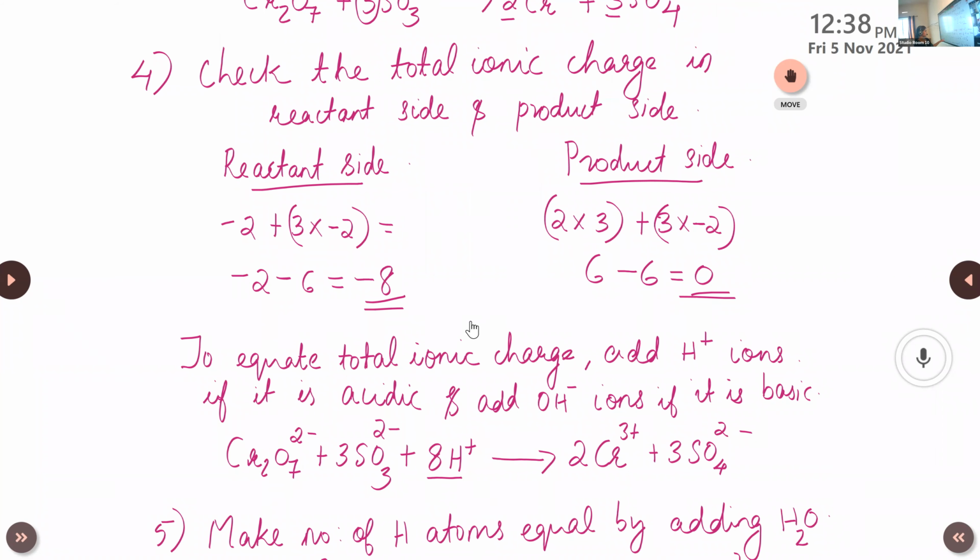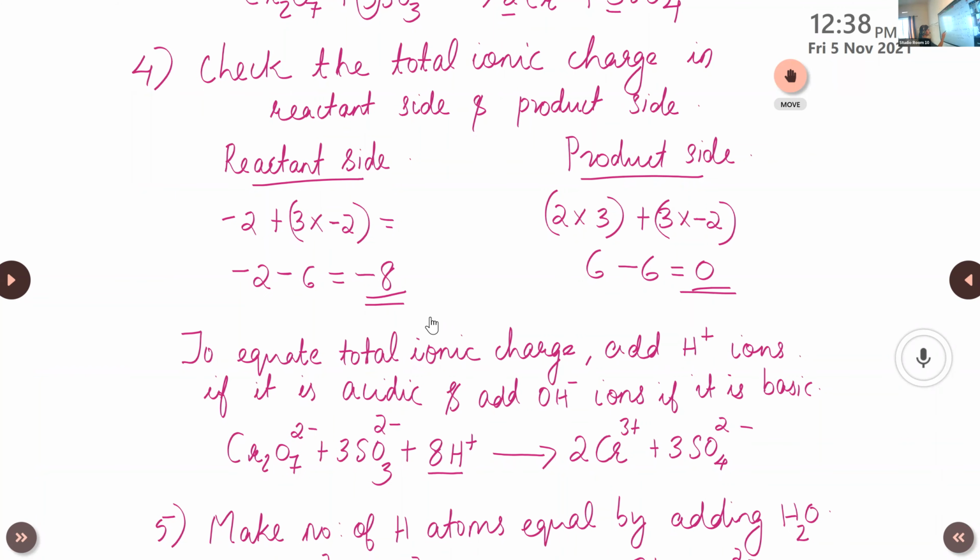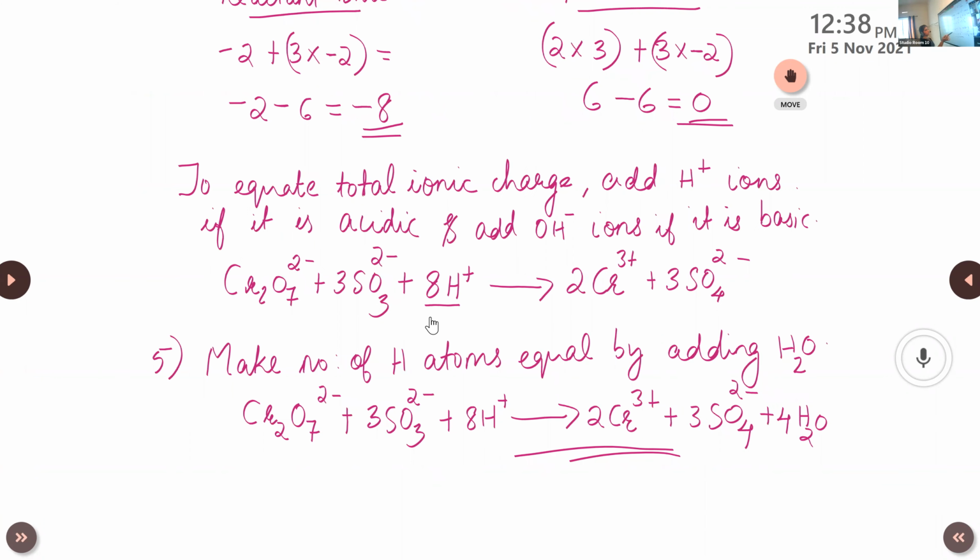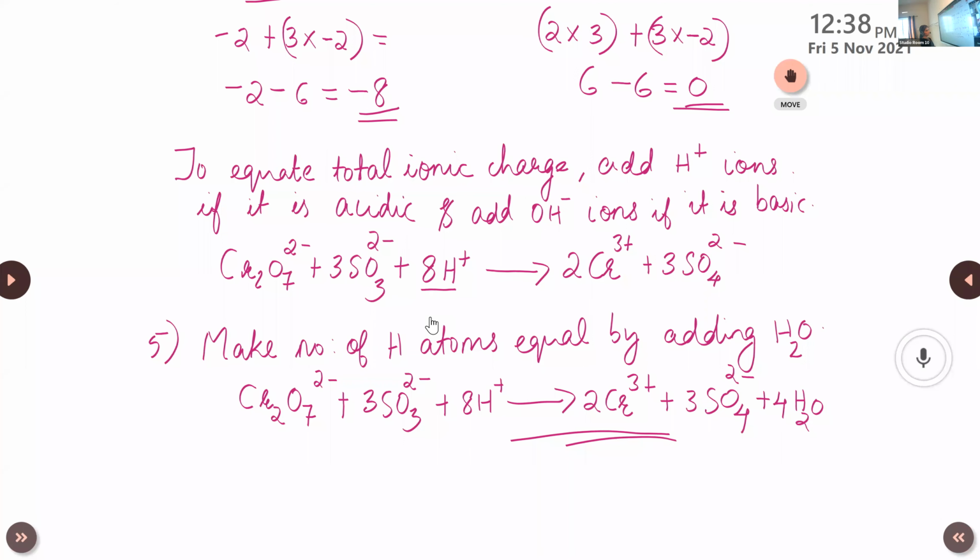So here it is Cr2O7 2 minus plus 3SO3 2 minus plus 8H plus gives 2Cr3 plus plus 3SO4 2 minus. And in the fifth step, make the number of hydrogen atoms equal by adding H2O. In the last step, we add H2O to make the number of oxygen and hydrogen atoms equal.